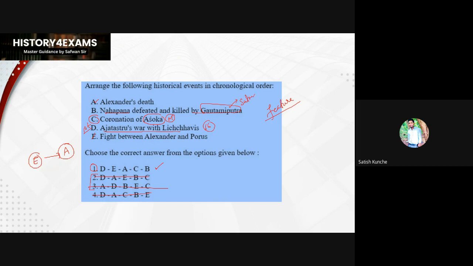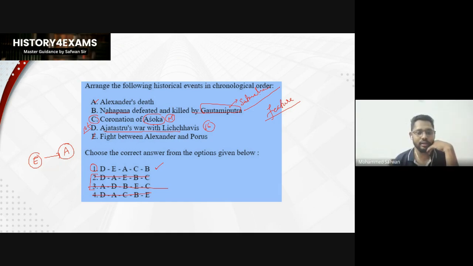The Satavahana dynasty, the feudatories of the Mauryan empire. Gautamiputra Satakarni is the only post-Mauryan dynasty here. The other is Haryanka, a pre-Mauryan dynasty. Chronology can be divided dynastically like this, or simply, as one of our students said, first Alexander has to die, so only after E comes A. Such simple logic can be applied.